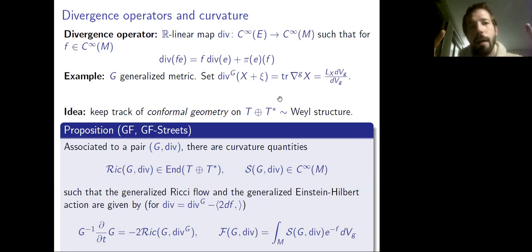And at least a priori, if I'm doing generalized geometry, I need to do everything in a way which is compatible with this pairing. So there is no natural way of doing conformal rescaling of a metric. Nonetheless, these divergences do something very similar to what a Weyl structure does. So let me explain what this is on the whiteboard.